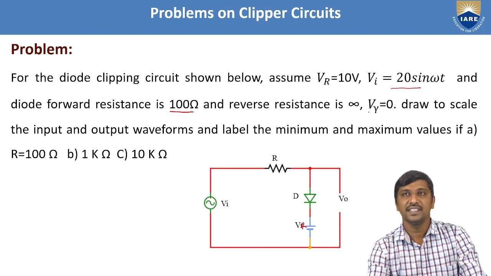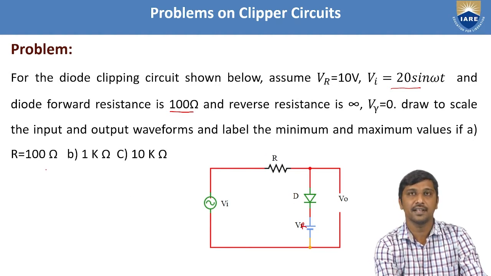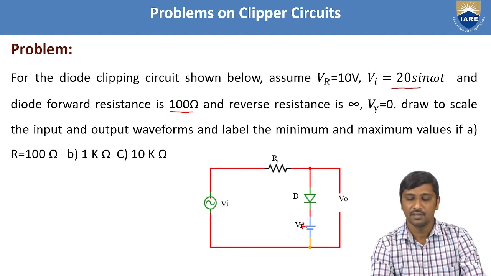With respect to all these parameters, we need to identify the output voltages for the given R in different resistance conditions. One time we choose the resistance as 100 ohms, another time 1 kilo ohm, and another time 10 kilo ohms. This resistance we need to replace with 100 ohms, 1 kilo ohm and 10 kilo ohms.